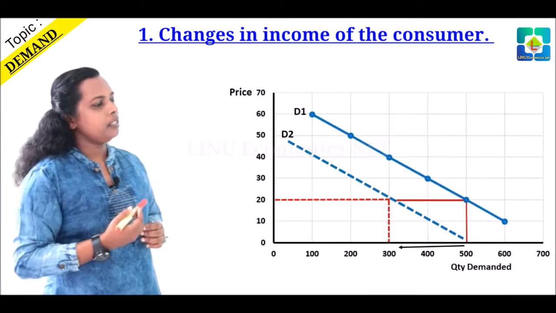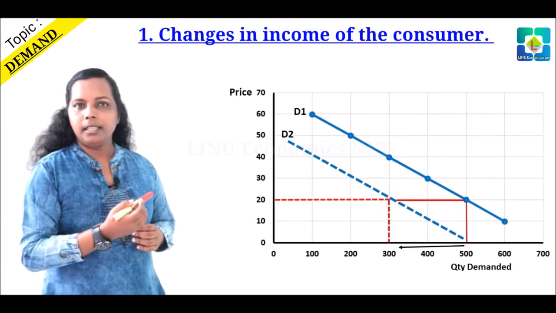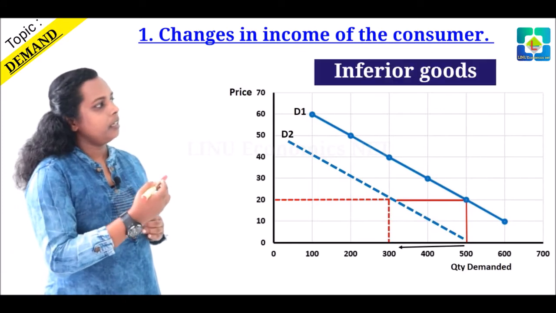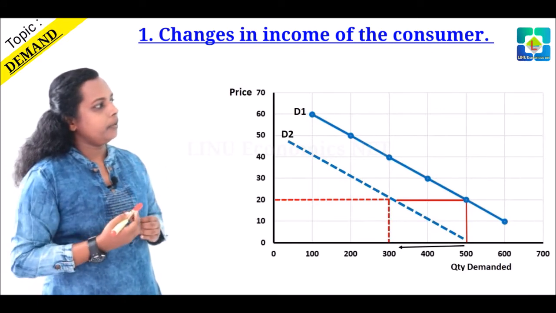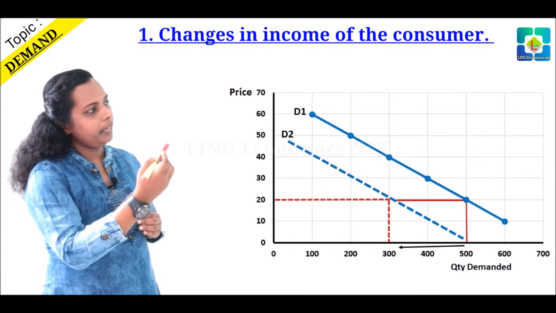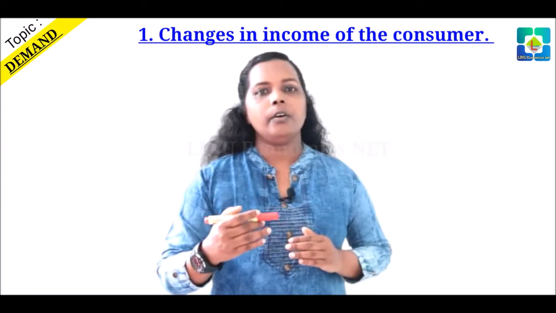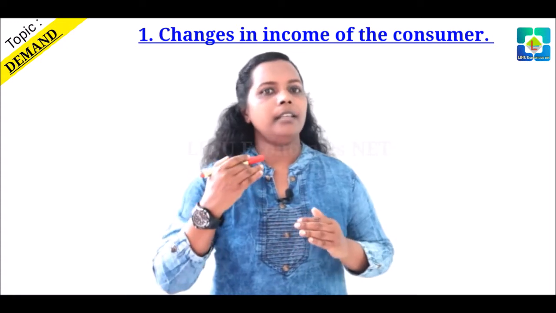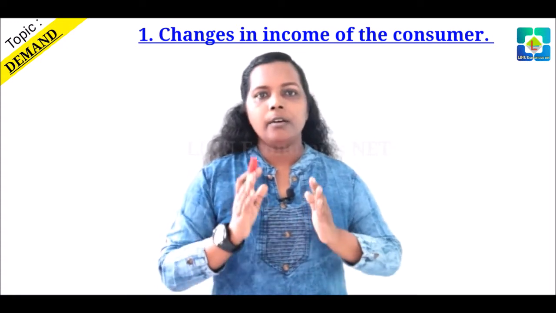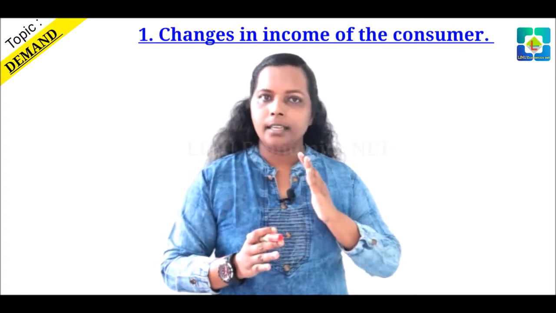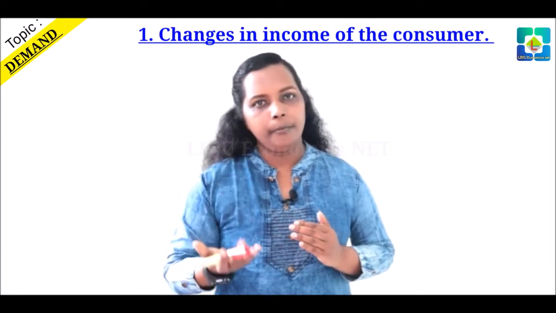If the product is an inferior good, we can see that when the income increases, the demand for that particular good will decrease, and when income decreases, the demand for the good will increase. So, the relationship between consumers' income and demand depends on what type of product it is, whether it is a normal good or an inferior good.